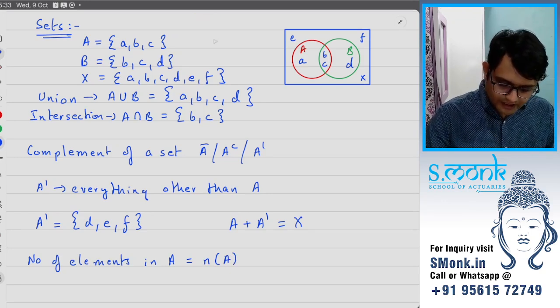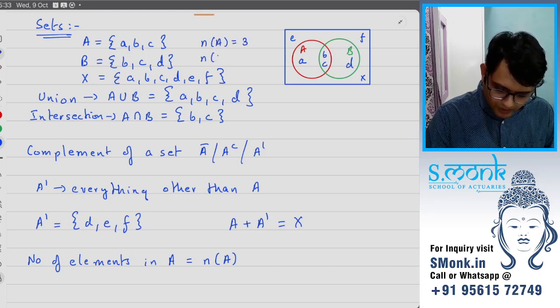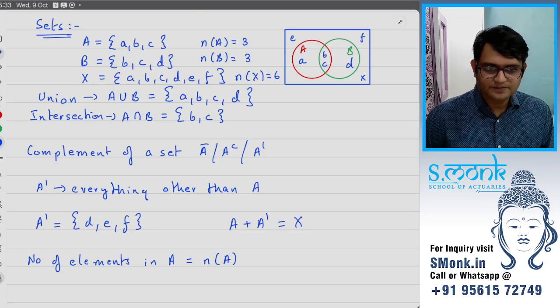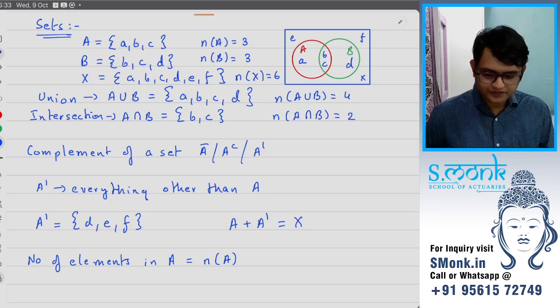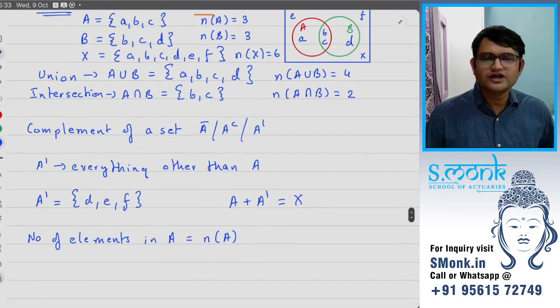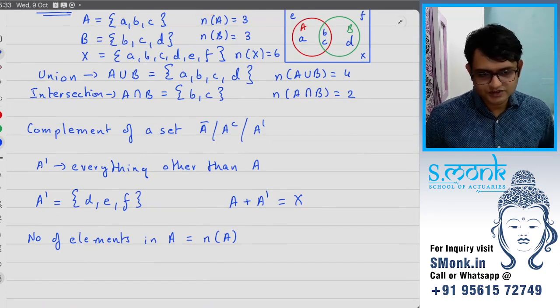So accordingly here, if I say the number of elements in A were 3, in B also 3, and in the universal set 6. In union, I had the number of elements in A union B as 4, and in A intersection B as 2. So for us, counting the number of elements is more important than writing down all the elements.